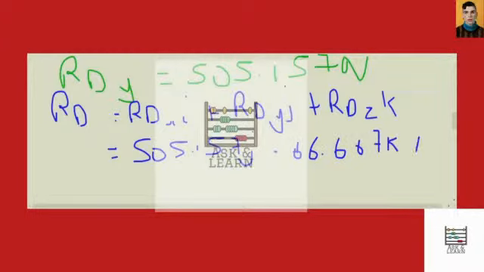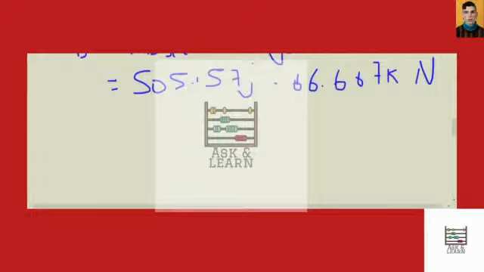F1z is going to be 4/5 of 450, but in the negative direction, so that's going to give us negative 360. So let's move on to F2.